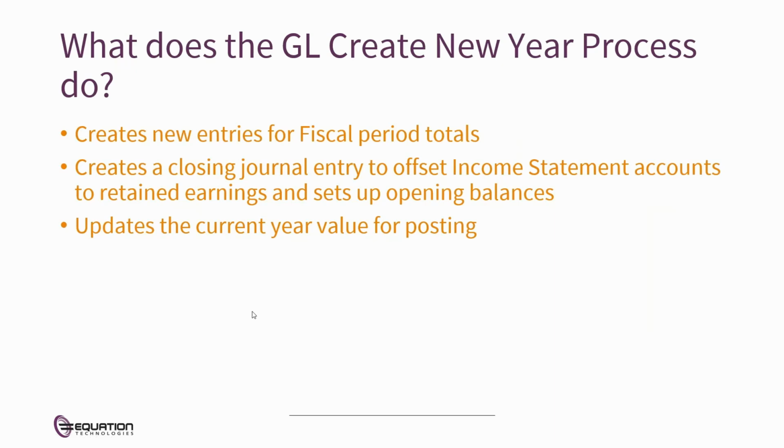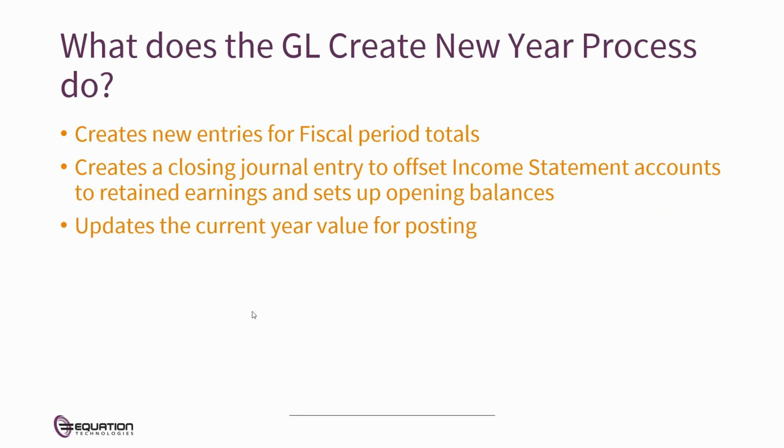So it's going to create entries for fiscal period total. So it's actually going in and creating some tables or some records in some of the master tables of Sage and saying the beginning balance for this GL account is a particular value, right?